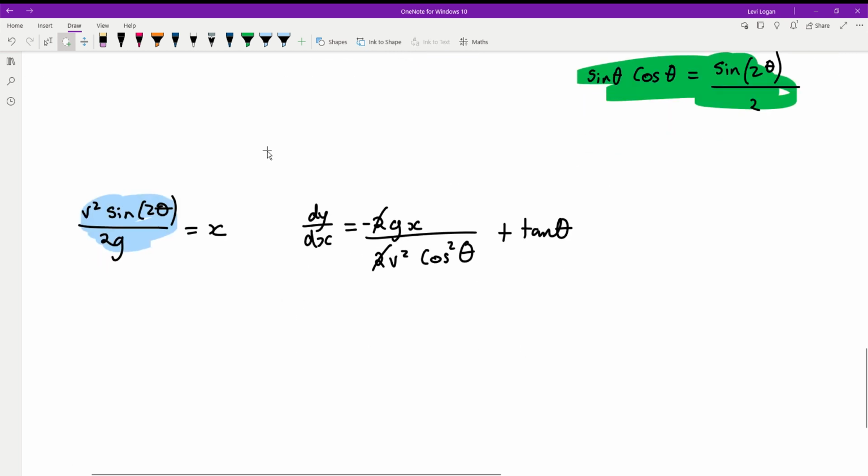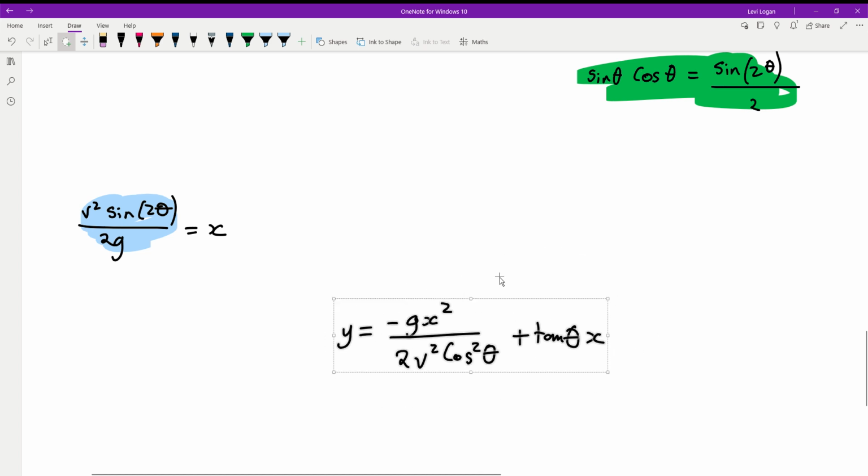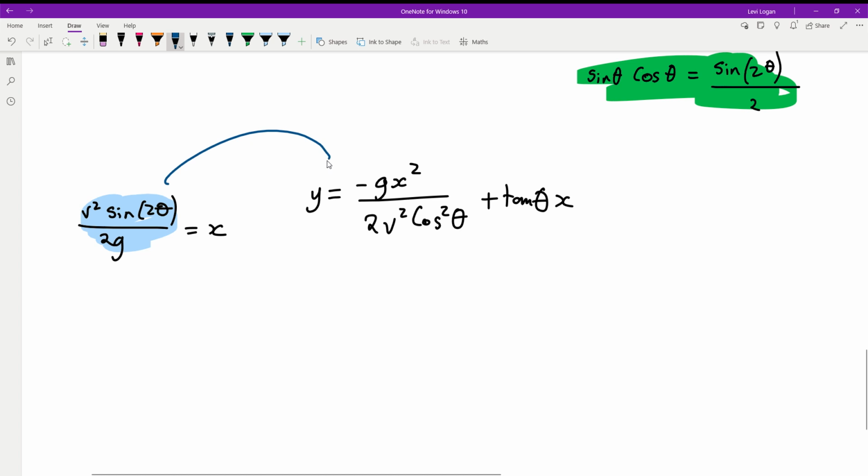So if I move this back a step, what we have for y is negative g x squared on 2v squared cos squared theta, plus tan theta x. Okay, that's it. So now we substitute this into here to get your y value, because you only have the x value of the vertex.